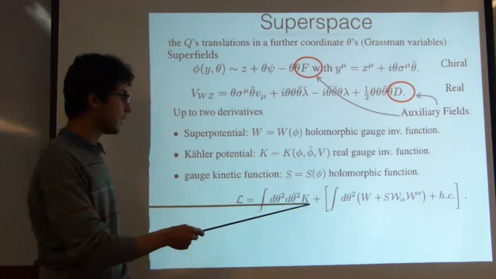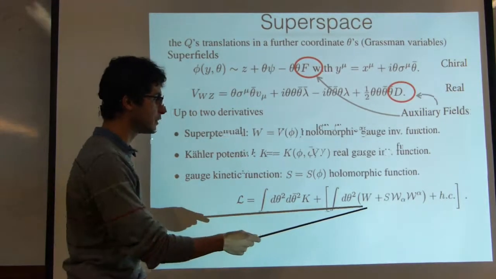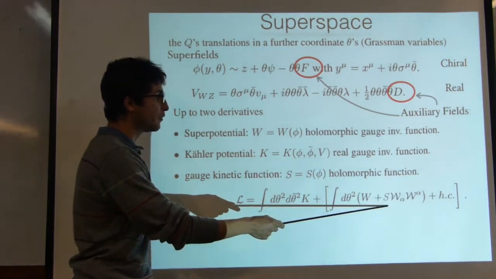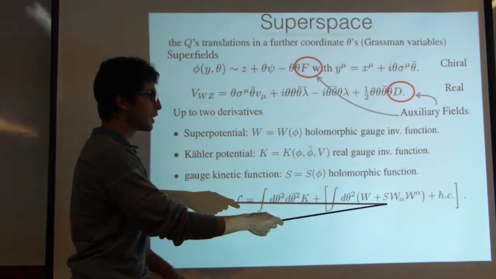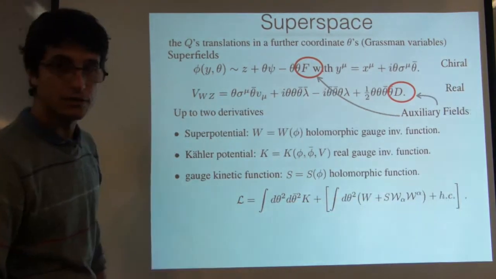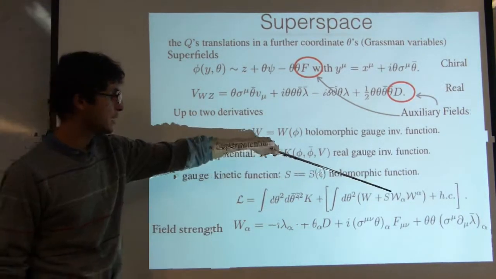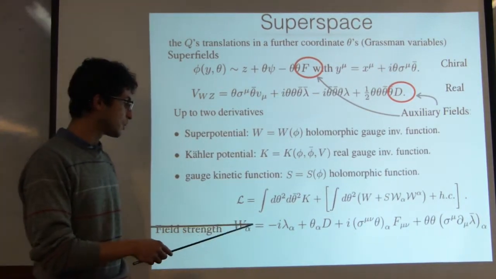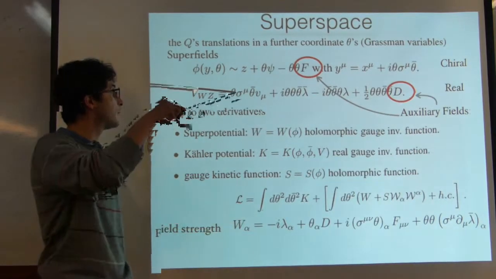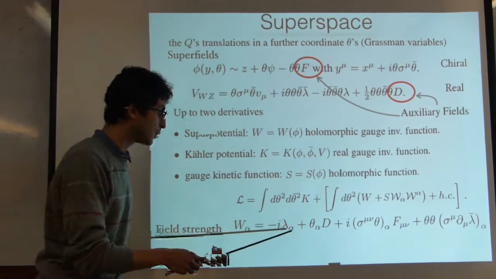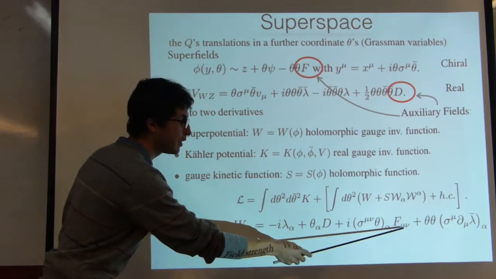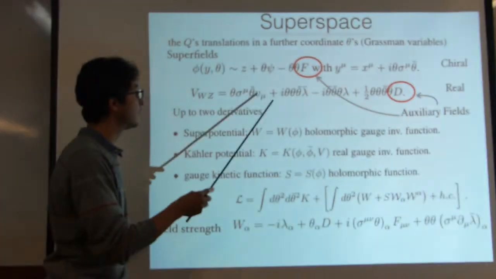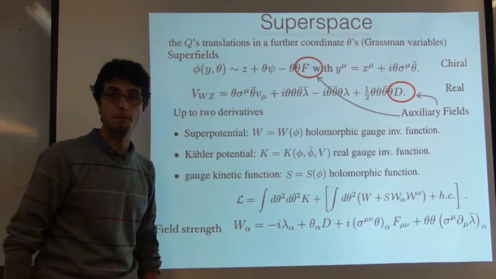So here you have the Kahler potential, here the superpotential, here the holomorphic gauge kinetic function, where this object is going to play the role of the field strength. You can extract it from the real vector field, where you have the spinor, the auxiliary field, and here the field strength for the vector field.